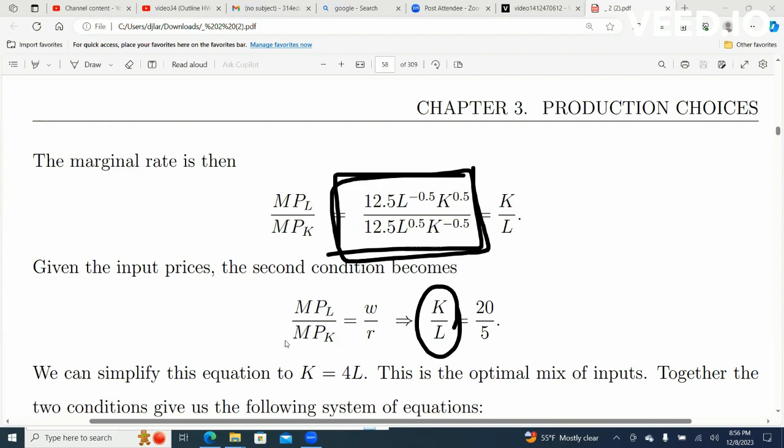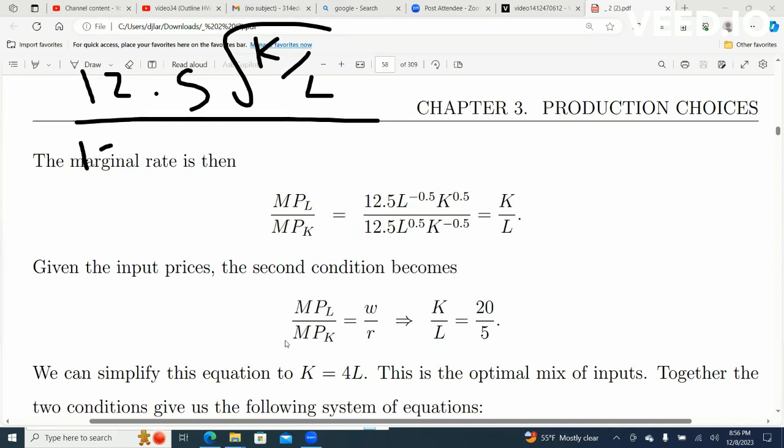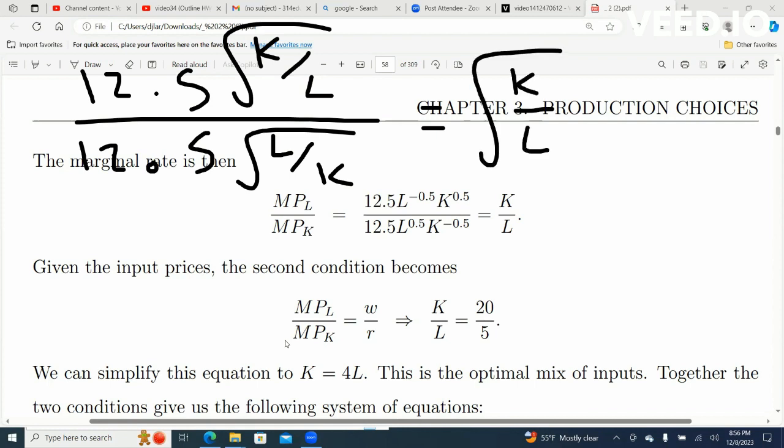So we can quickly write out the math for that for fun. What did I get? Remember the 12.5 is the 25 over 2. And I had said that we get K over L, the square root. We don't have to write it how I write it. We can write it how they write it. And then I said that we get L over K, the square root. That was my argument. The 12.5 is obviously gone. So we have K over L, the square root.